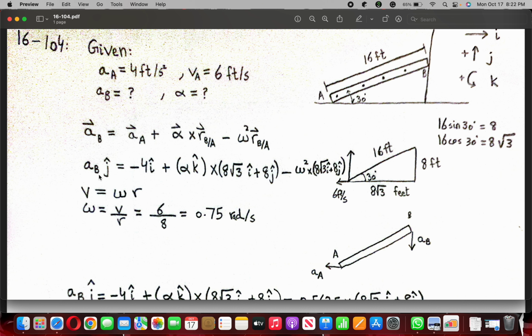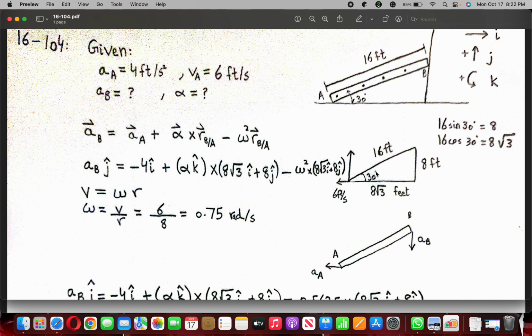Acceleration at B can only move in a vertical direction, so it has the direction of J only, and A moves towards the left, so it is minus 4I. Then alpha we don't know, so we write alpha with direction K, and multiply it by 8 root 3 I plus 8 J. It comes from here.